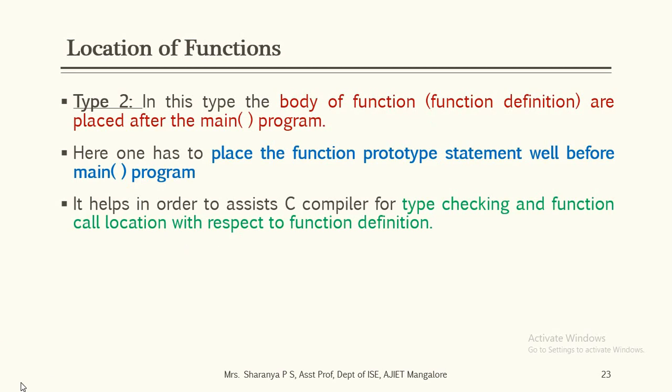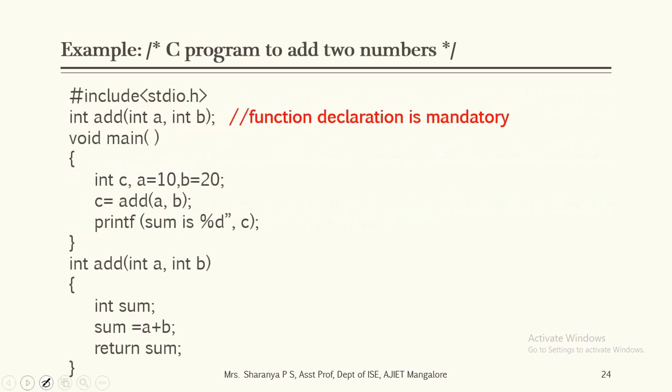It is mandatory for the compiler to understand what the return type is and what data types it uses. That's why we have to write it at the very beginning, because the code will start execution from the main. When it finds this well in prior, it is clear that the return type is int and it takes two arguments.